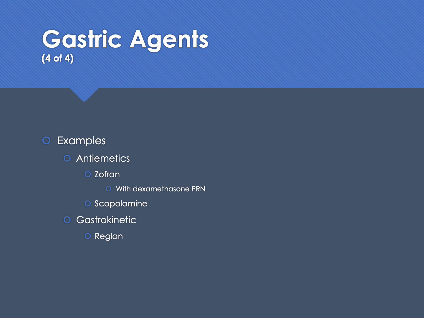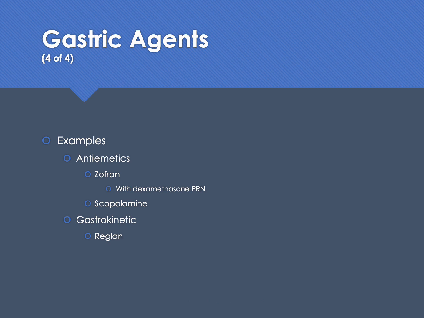Gastrokinetics, neuroleptics, and serotonin antagonists are 3 categories of medications that are used to treat post-op nausea and vomiting. Now, metoclopramide or Reglan is a gastrokinetic drug that stimulates the upper GI tract without stimulating gastric acid secretion.